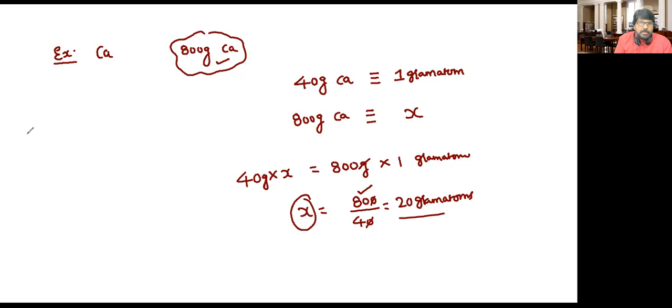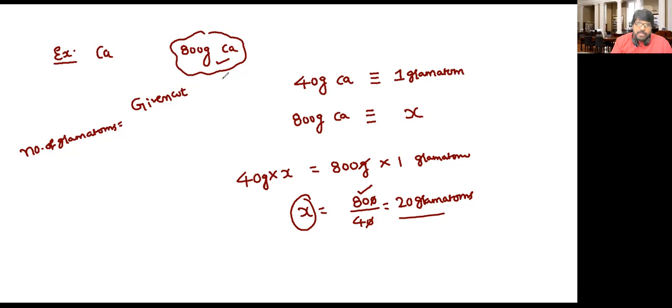So what is the formula now? Number of gram atoms is equal to given weight of atom. Which atom? It may be calcium or oxygen or nitrogen, whatever.